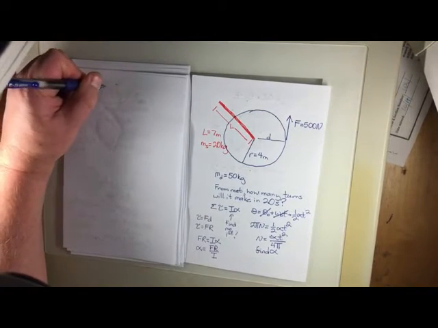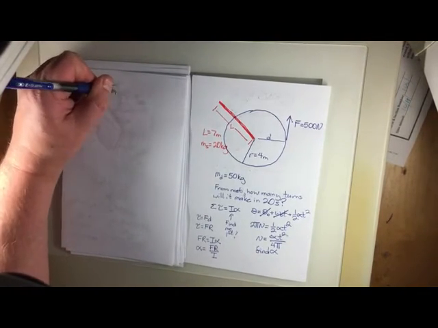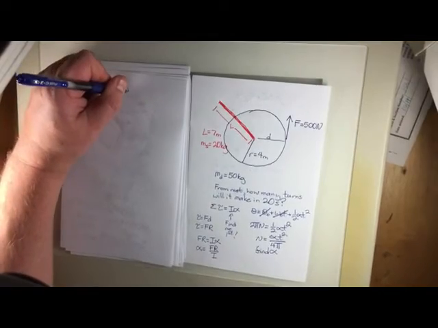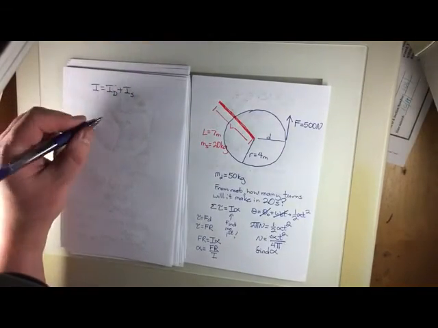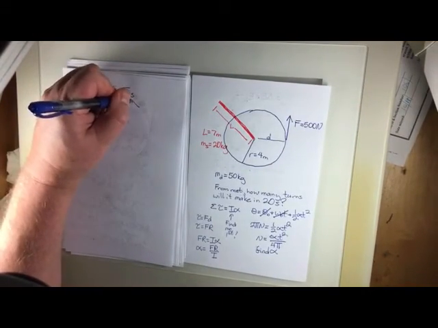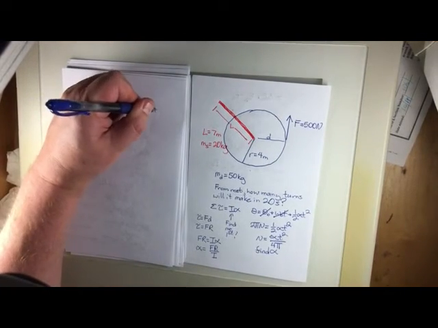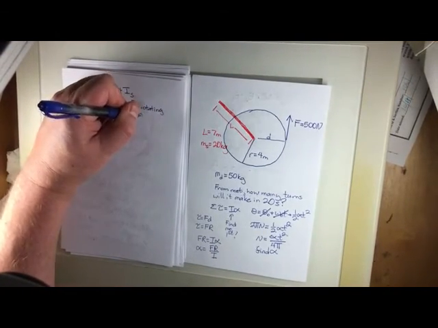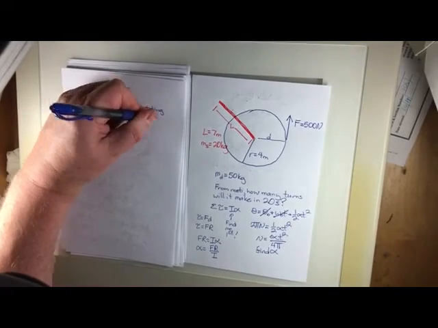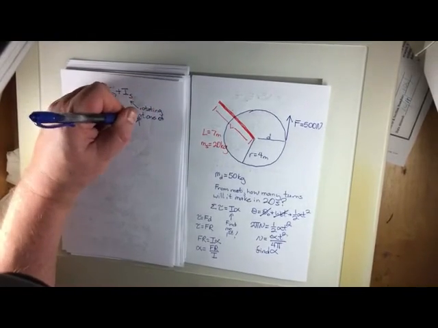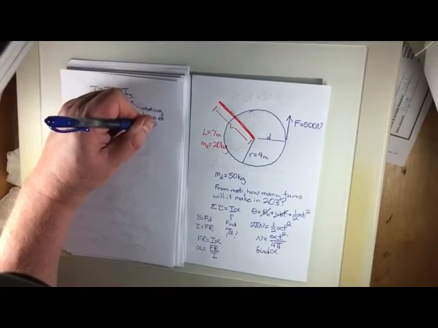The total moment of inertia is the moment of inertia of the disc plus the moment of inertia of the stick rotating at one of its ends.